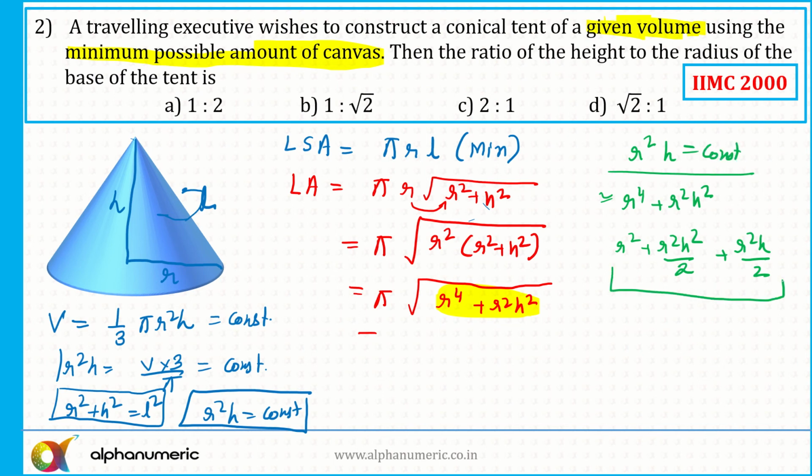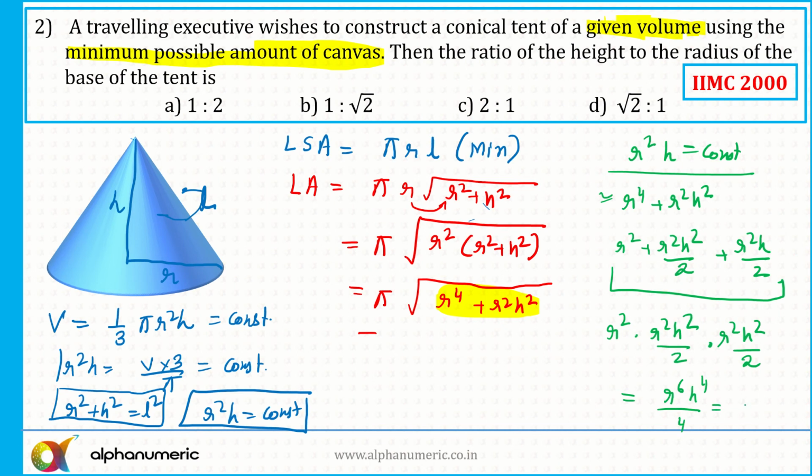So if we multiply these three terms, what will I get? r square into r square h square by 2 into r square h square by 2. And what is the product? It will be r to power 6 into h raised to power 4 by 4.